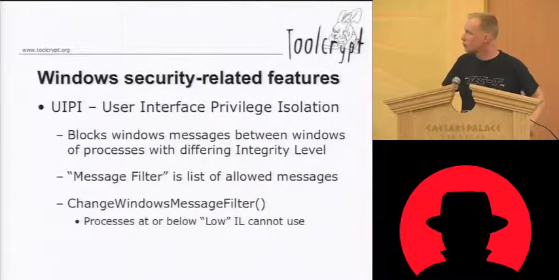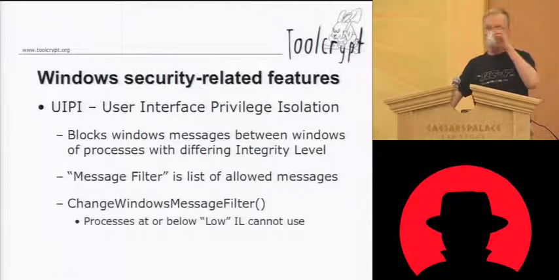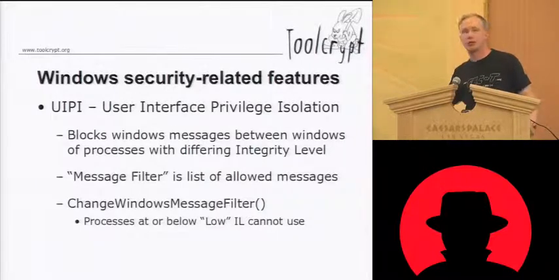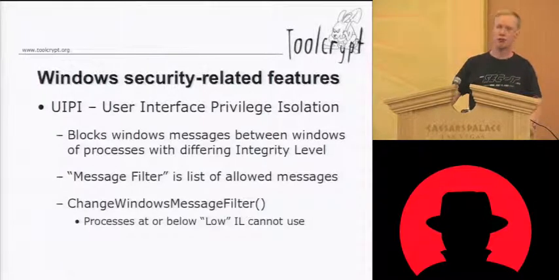And to try to mitigate this problem, Microsoft introduced a feature called UIPI, or User Interface Privilege Isolation. And it implements a kind of filter of approved Windows messages that can be sent between windows at different integrity levels.